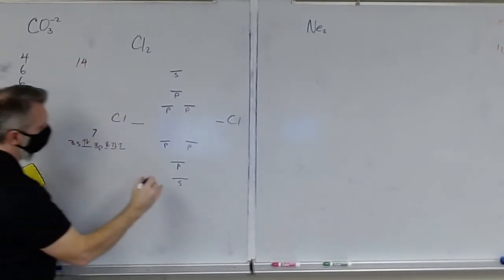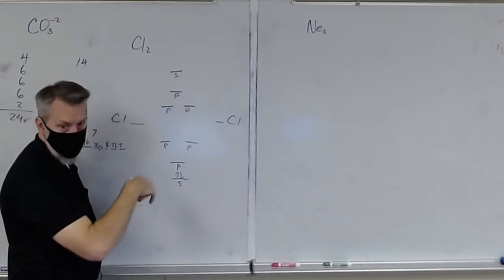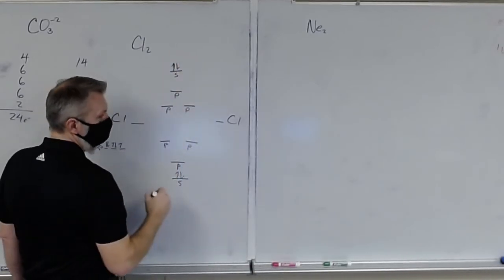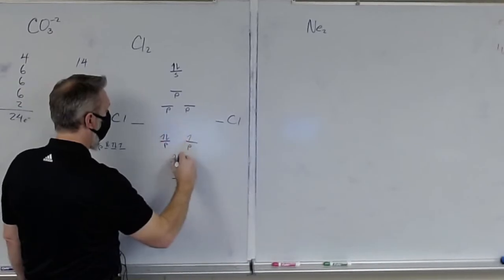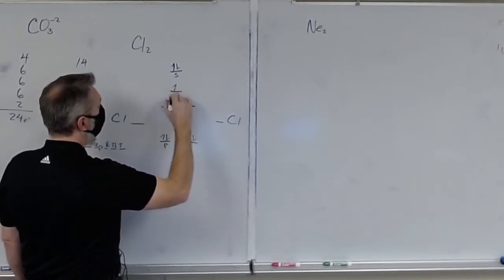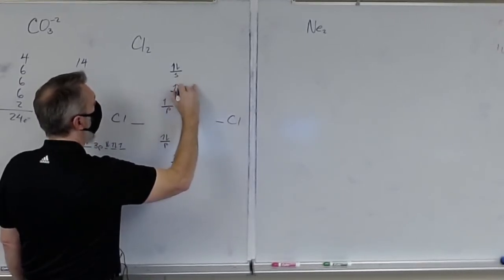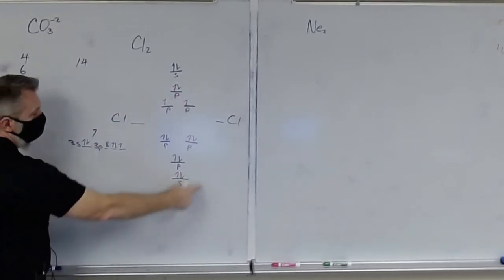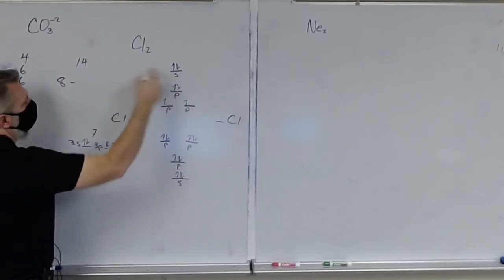All right, let's start placing them. We've got to fill the S's first. 1, 2, 3, 4, 5, 6, 7, 8, 9, 10, 11, 12, 13, 14. How many do I have down here? 8. How many do I have here? 6.